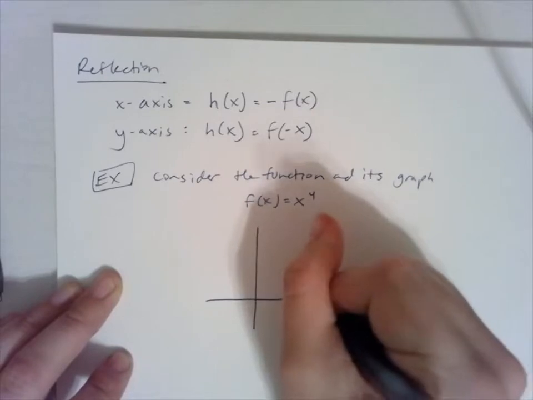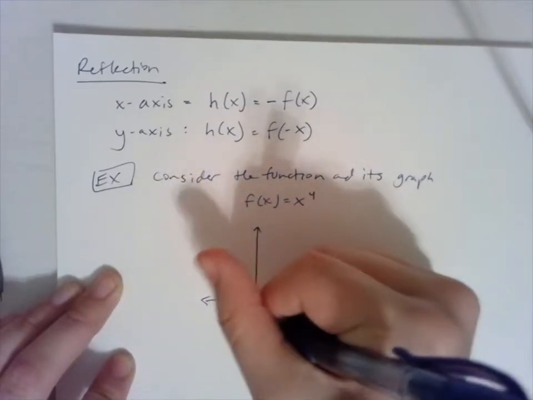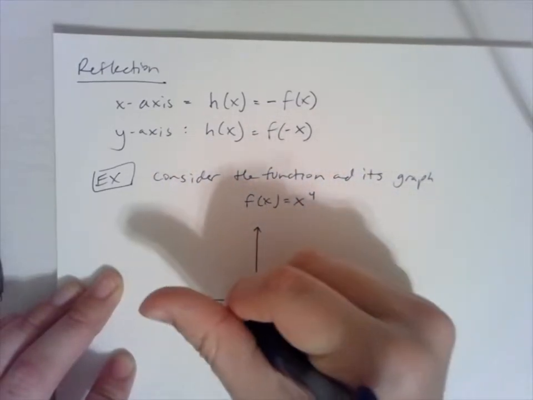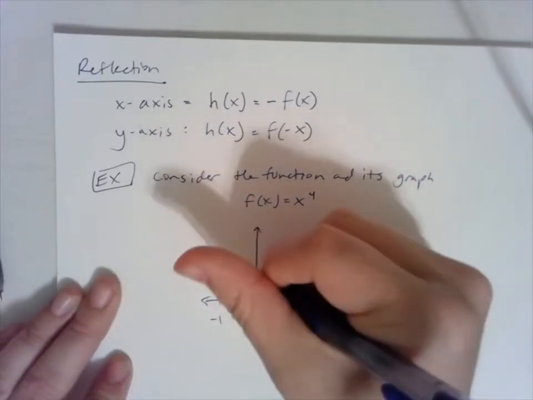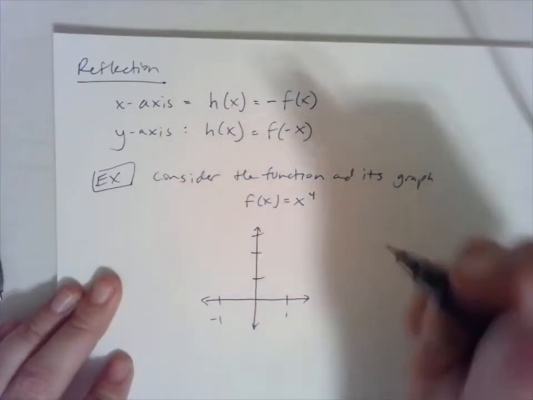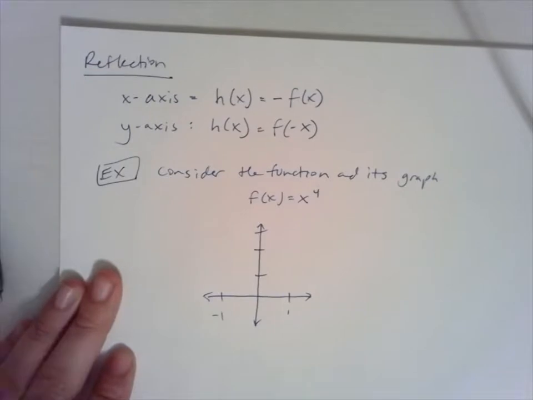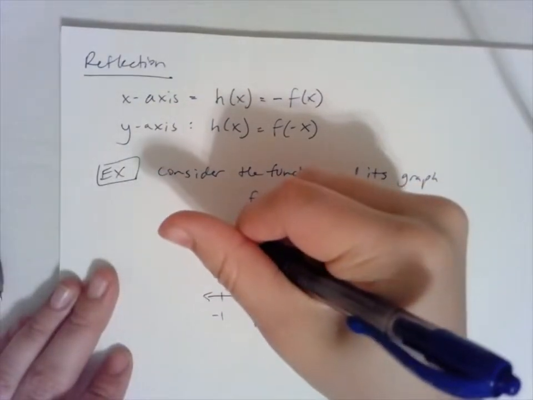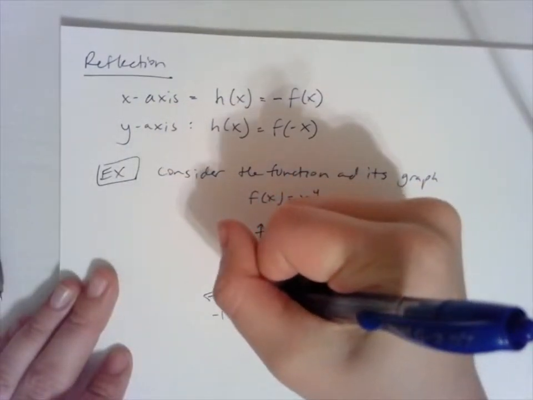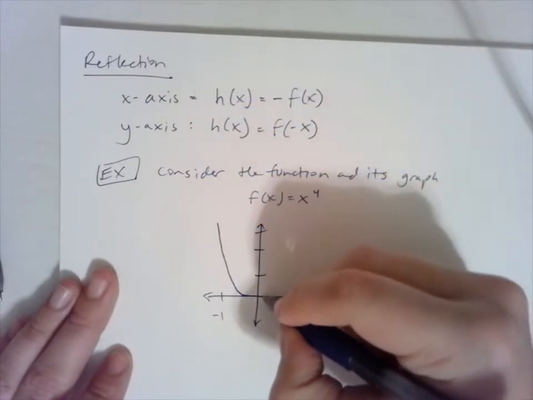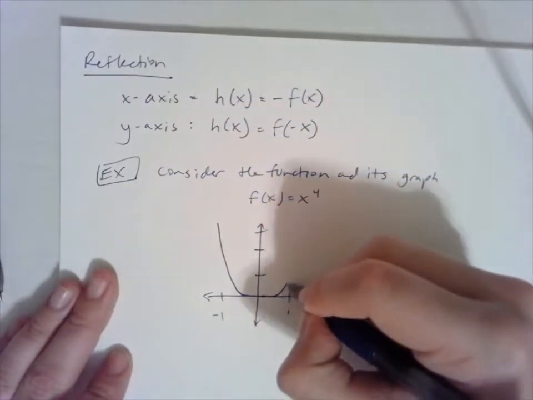Here we would have 1, here we would have negative 1. Let's go up 1, 2, 3, and here's what happens. When we come down, we get kind of flat, right? It touches at 0, 0, but it gets kind of flat there, and then it curves back up. That's the graph of x to the 4th.